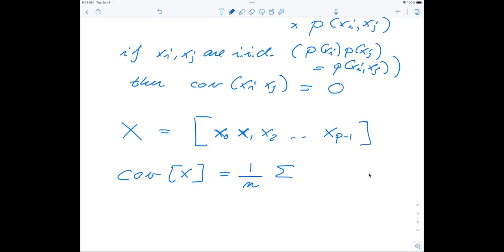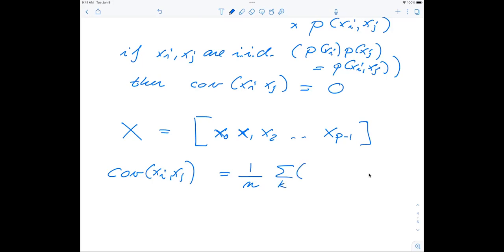So if I look at the covariance of these quantities x_i and x_j, when I have a discrete variable where I don't have the probability distribution, because now I'm just looking at the sample covariance, this is going to be defined as a sum over k.